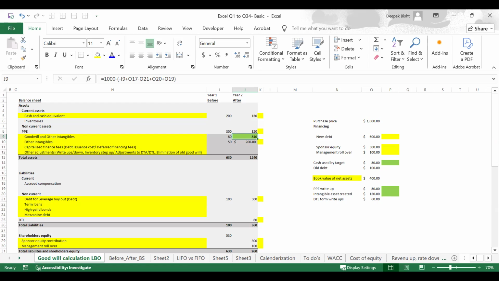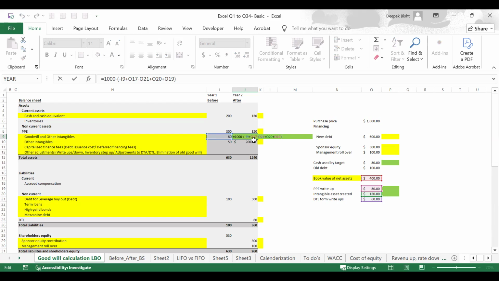So if you look at the formula here, I have made the adjustments. So what I have done is I have subtracted from the purchase price, I have adjusted for the change in the previous goodwill. I have scratched it off.